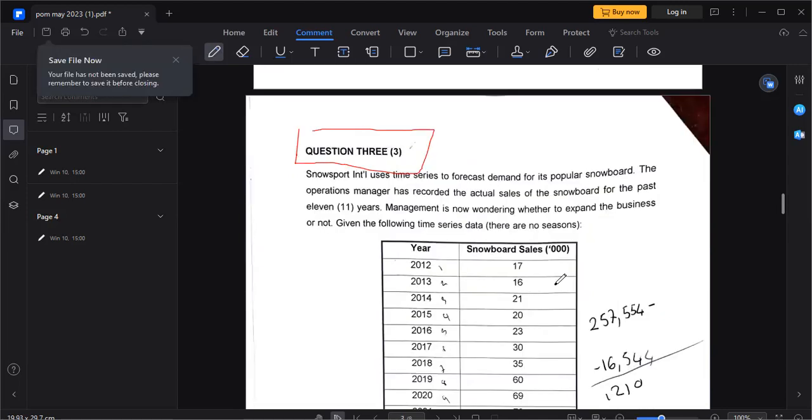And then these are the sales. When you come across the sales, just know that sales represent the Y, and the X is the number of years, from the information given in the question.